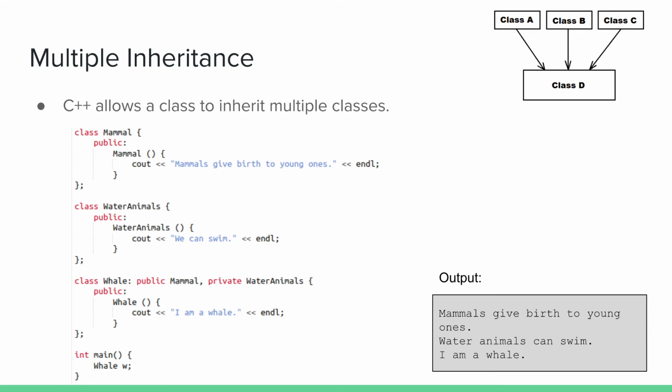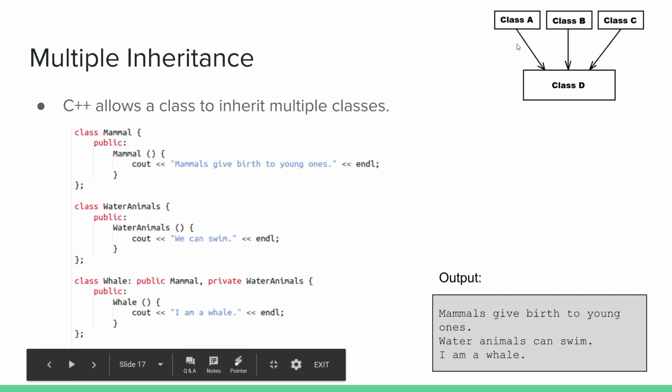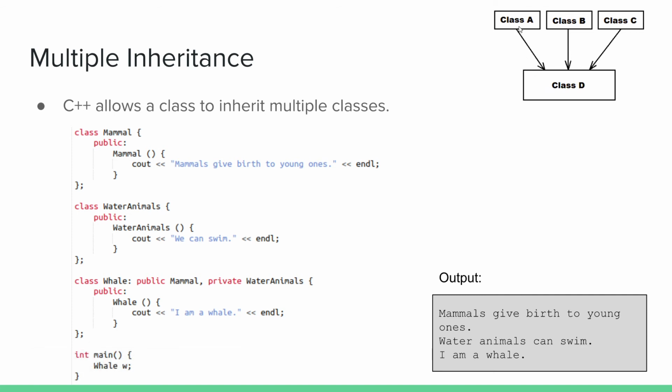Multiple inheritance means that one class can have more than one superclass, and the derived class inherits the data members and member functions of both or all its parent classes. C++ allows a class to inherit the properties of multiple classes. As you can see in this picture, class D, that is a derived class, is inheriting the features or properties of class A, B, and C.